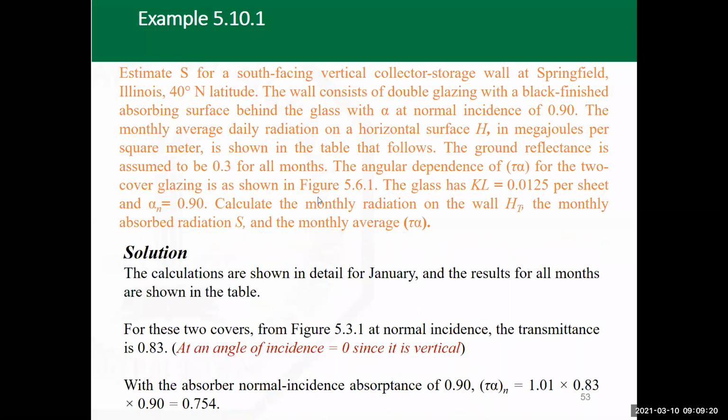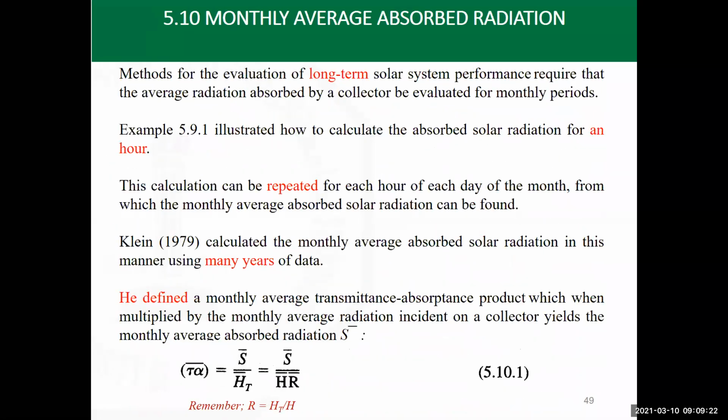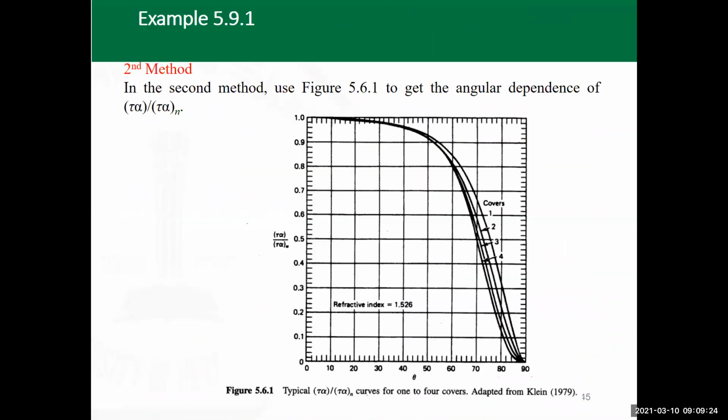Going back again to the figure, we're talking about a value of 59, and for a double cover, you get the value of tau alpha over tau alpha n.